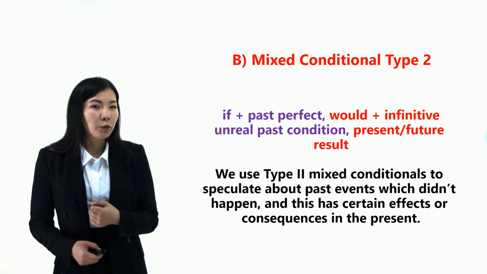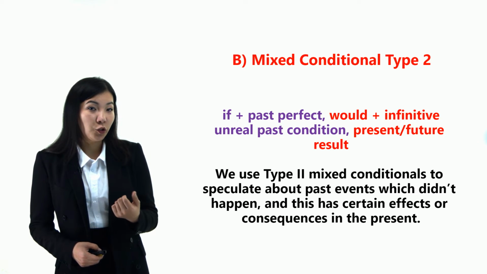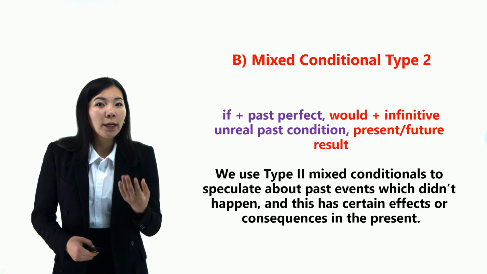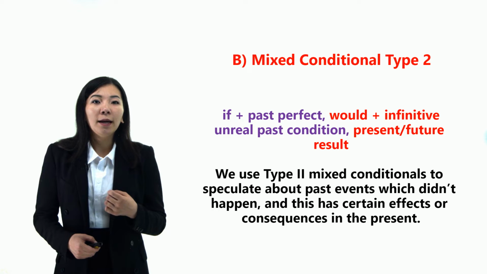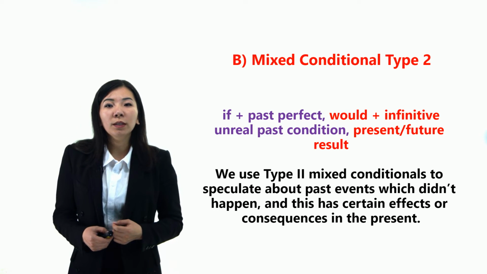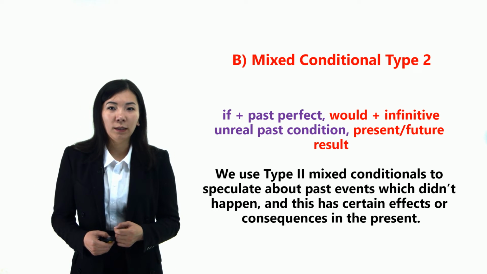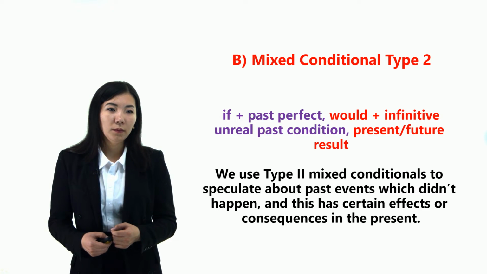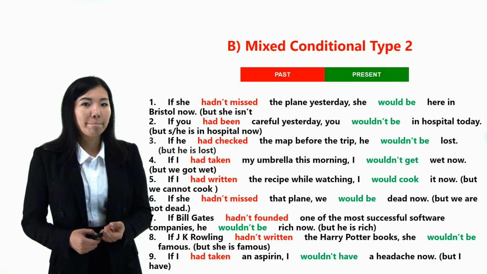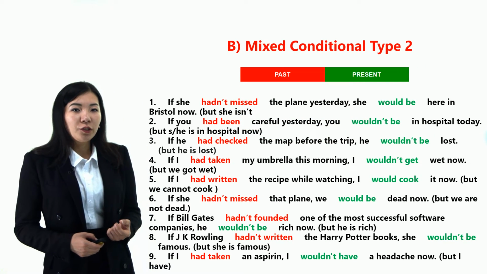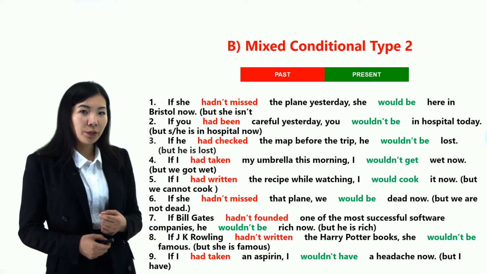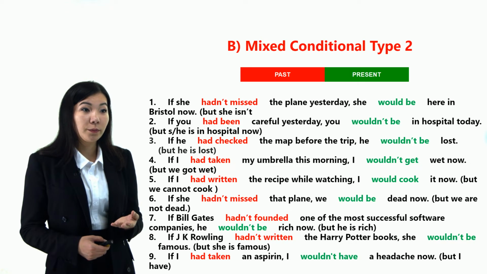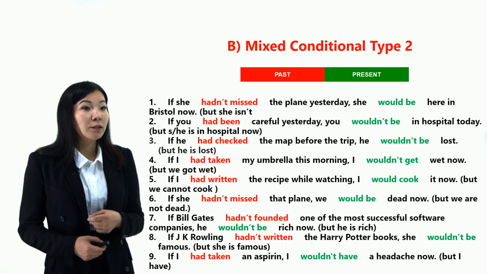We use type 2 mixed conditional to speculate about past events which didn't happen, and this has certain effects or consequences in the present. For example, if she hadn't missed the plane yesterday, she would be here in Bristol now. But she isn't.